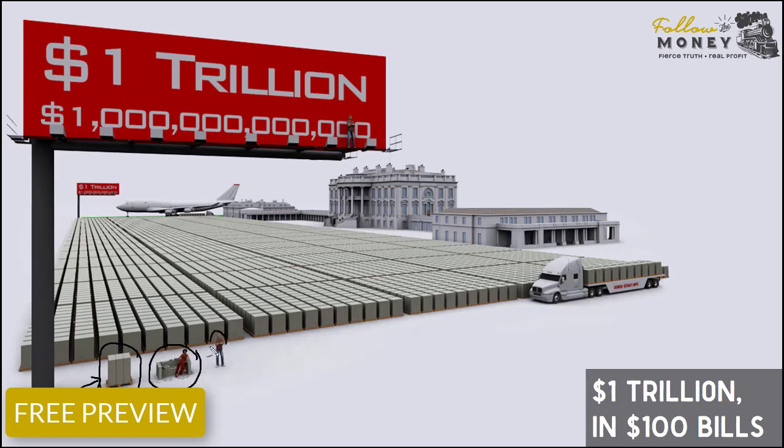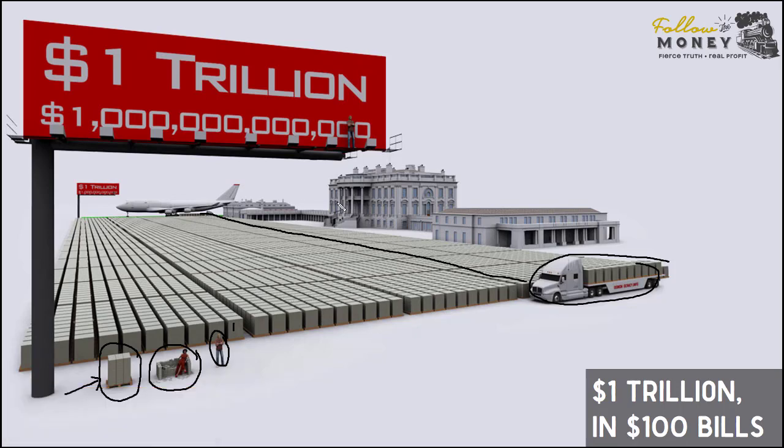There's that individual standing up next to these crates of $100 bills. You can see here is a truck in relation to this, and you can see how wide and long this huge football field, so to speak, of $100 bills is, how much it takes to create $1 trillion in $100 bills.